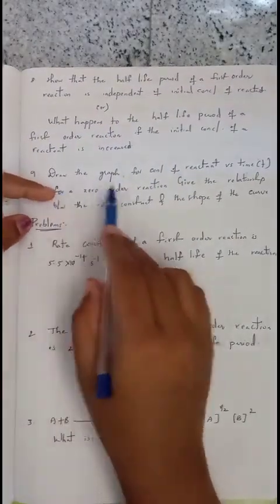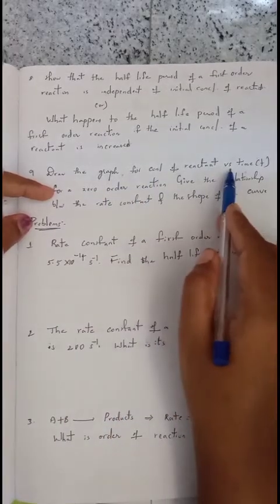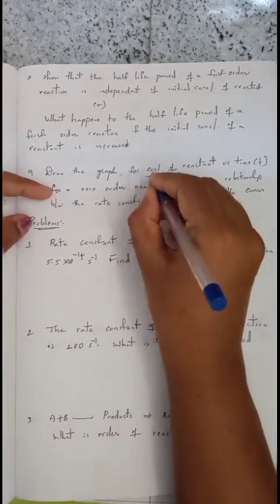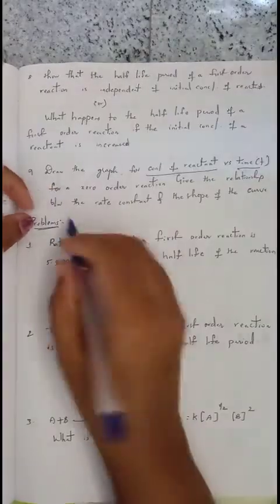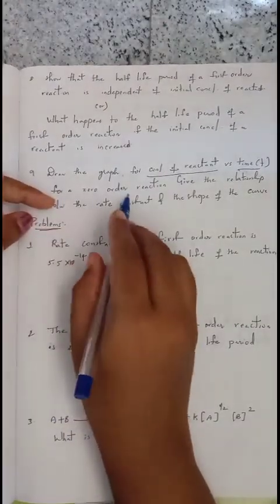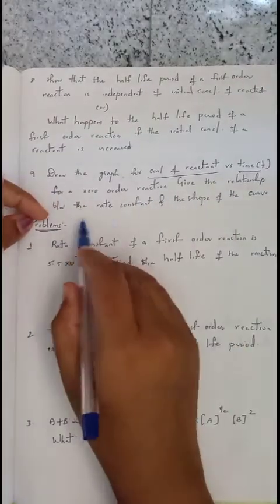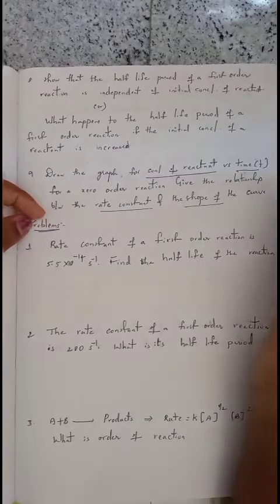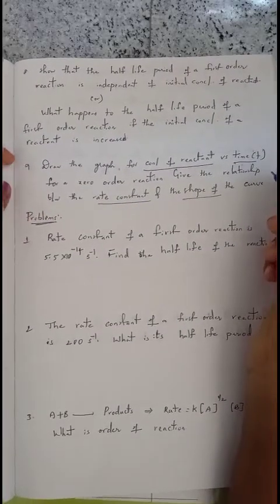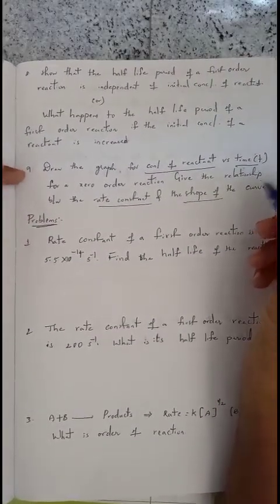Next one, draw the graph for concentration of a reactant. Here you need to draw a graph between concentration of reactant and time of reaction for a zero order reaction. Give the relationship between rate constant and the slope of the curve. The answer is there in your Jeevith publications, you can find it. This is another important question.